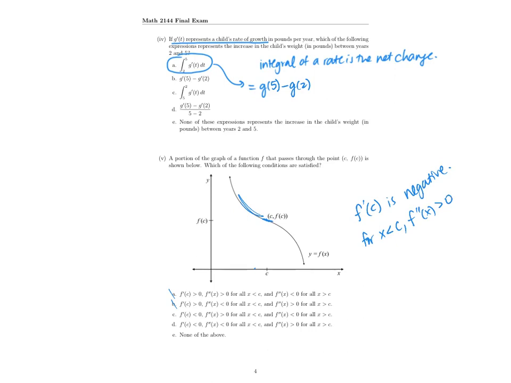And when I am to the right, so for x greater than C, then the function is concave down. So f double prime of x is less than 0. Okay, and so which one is that? f double prime is greater than 0 for x less than C. Okay, so that ends up being C. And f double prime is less than 0 for x greater than C.